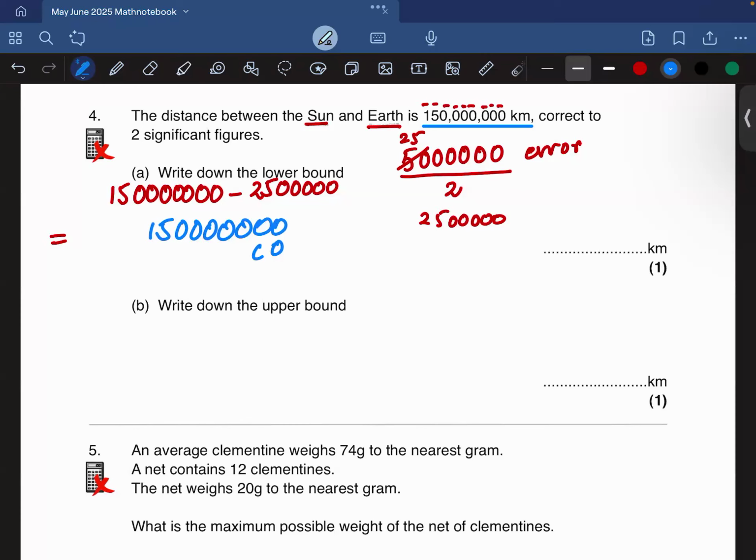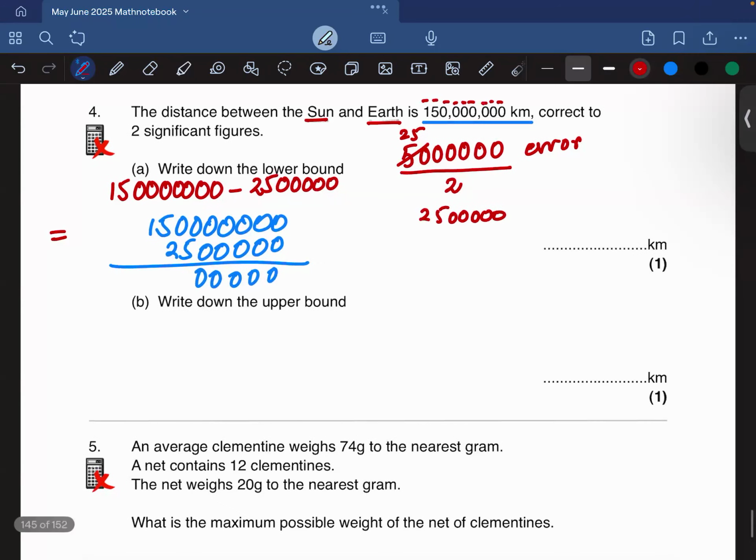The lower number would start from here, 4, 5. And then we have 1, 2, 3, 4, 5. And then we have 5 and 2. Let's subtract. 0, 0, 0, 0, 0. Beta, 5 minus 0 is not possible. Agree or not? Yes, sir. Because 0 minus 5 is not possible.